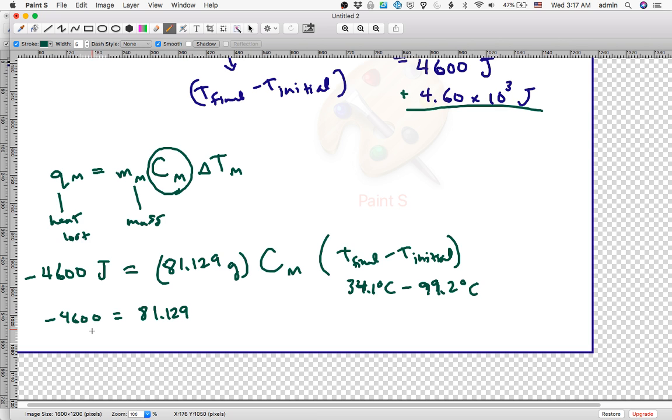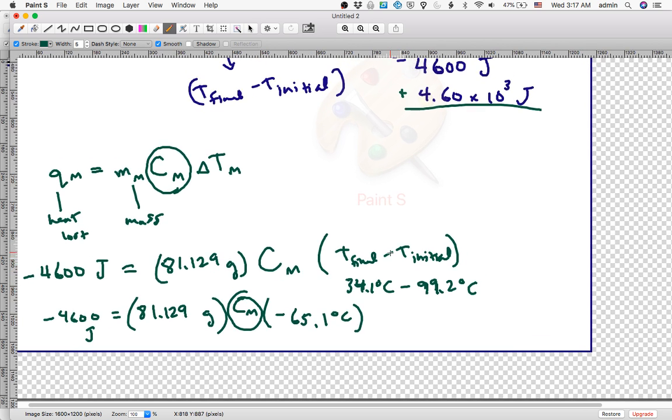I should probably keep the J here for you. Grams times cm times, what's 34.1 minus 99.2? That's right, it is negative 65.1 degrees Celsius. How is that okay? Oh, you'll see. So what do I do to solve for cm?